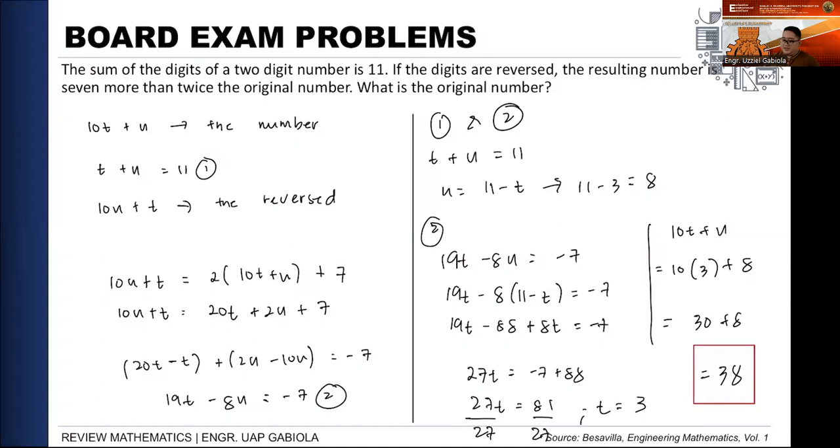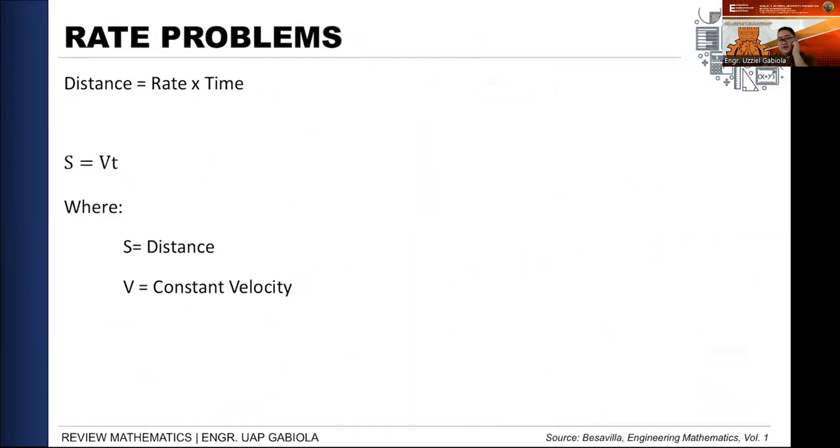Next, punta tayo sa another type of word problem, tatawag natin rate problem. So we have distance is equals to rate times time. Okay?